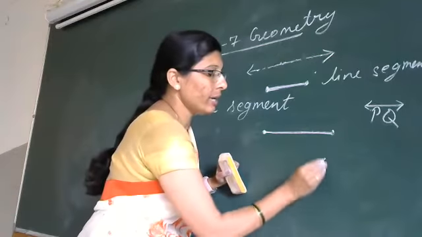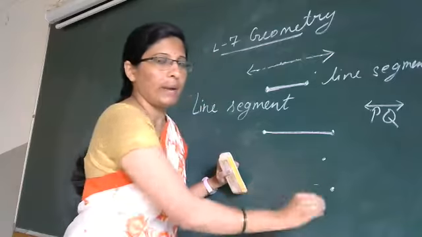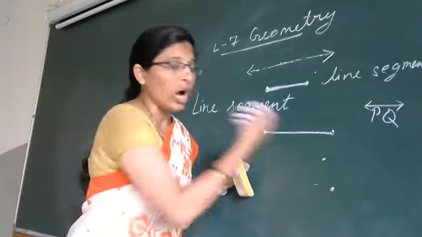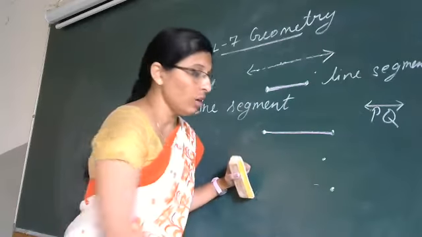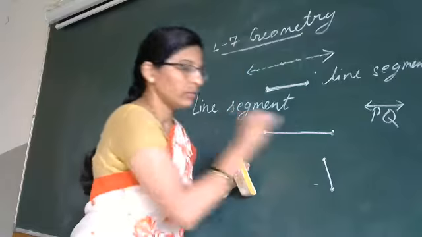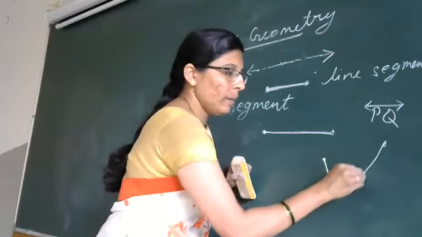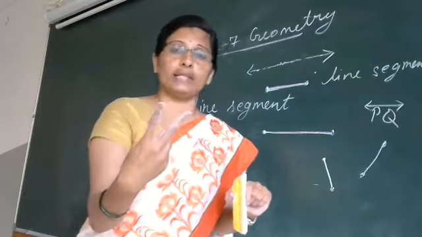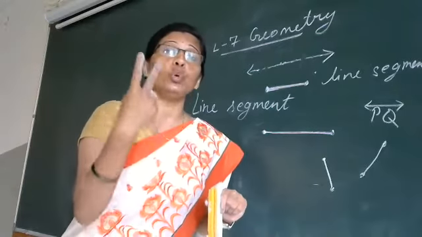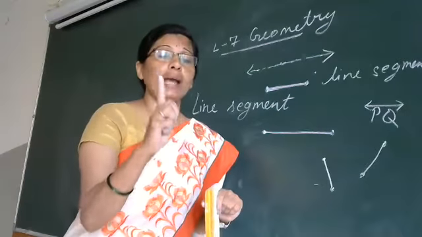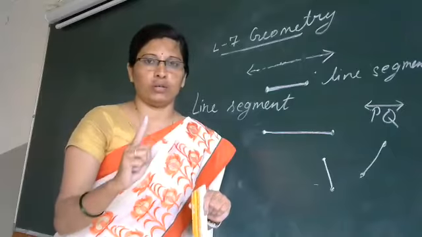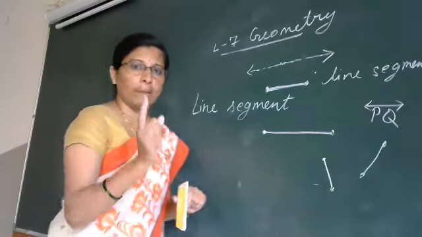See, if two points are given, even if I place these two points up and down, how many line segments can we draw? Only one. Anyhow the two points may be, between two points only one line segment can be drawn. This you have to remember, okay?